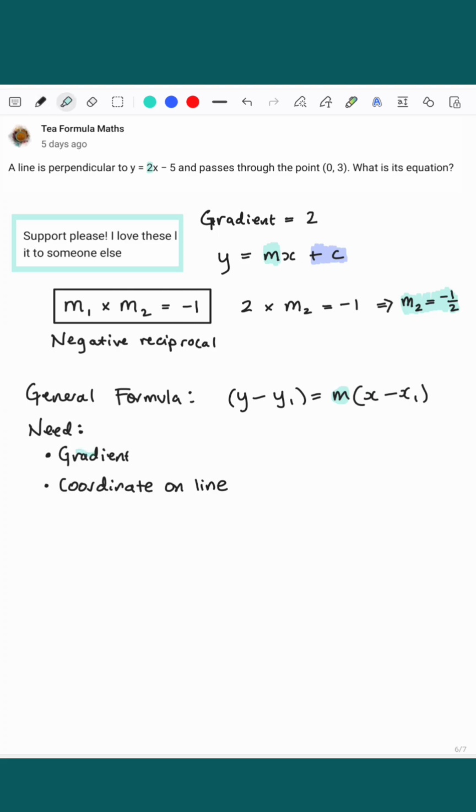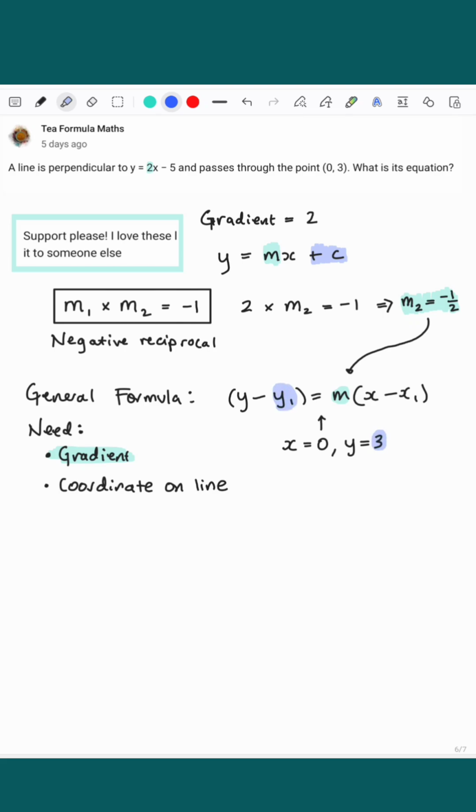As I said, we've got the gradient, and we need a coordinate on the line. It says up here that it passes through (0, 3). That's great. If it passes through (0, 3), that means x equals 0 when y equals 3. This will go into our equation along with the gradient, and away we go. y1 is the coordinate, so I should label this. That 3 is the y coordinate, and that's what y1 is.